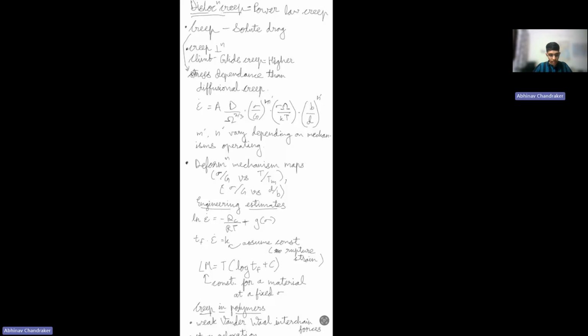Basically it is climb controlled glide creep, which involves dislocations undergoing climb to overcome obstacles, and then gliding on the new planes where they have climbed. These are planes which do not have obstacles until they encounter another obstacle and again climb. So that is how it happens.